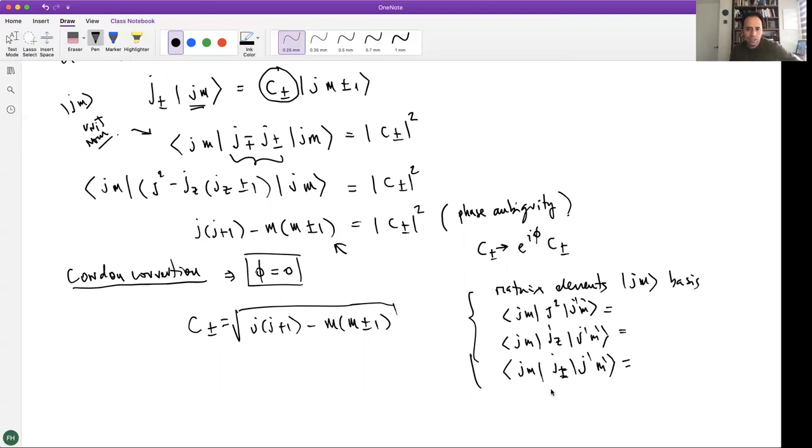Using your knowledge of how J plus minus operators act on angular momentum eigenfunctions, you can, for instance, write down things like this. What is Jx, of J prime m prime? And now for this, you need to use the fact that Jx is basically like J plus plus J minus.